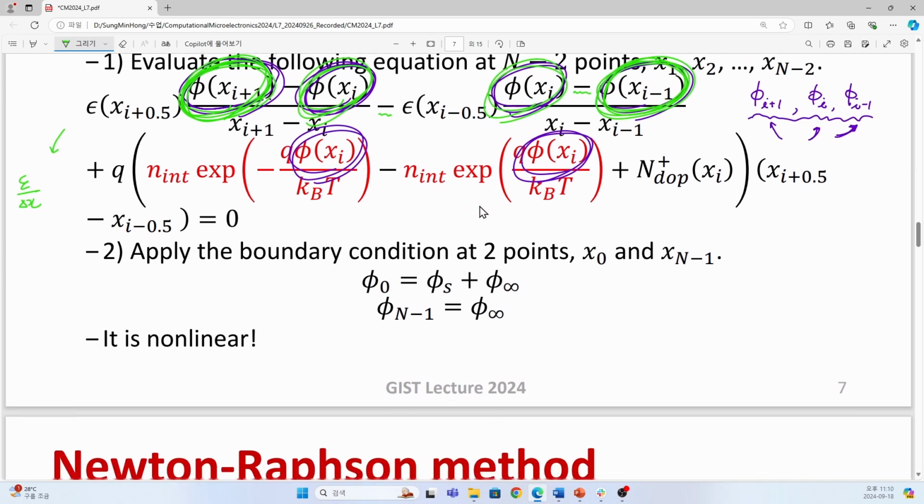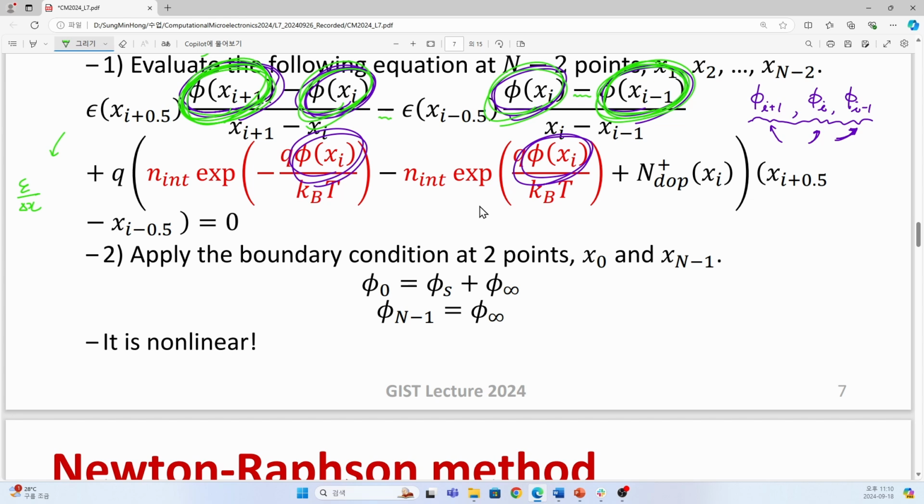So it's not that difficult. However, all of our complication comes from the non-linearity shown in this rho related term. We must take the partial derivative with respect to the phi sub i component.